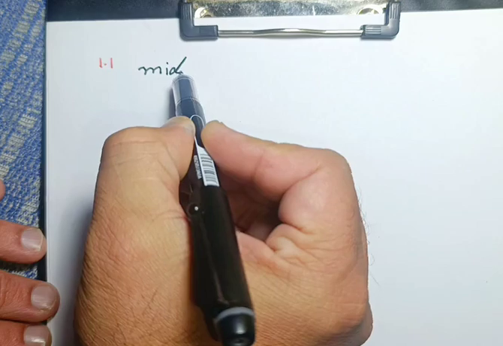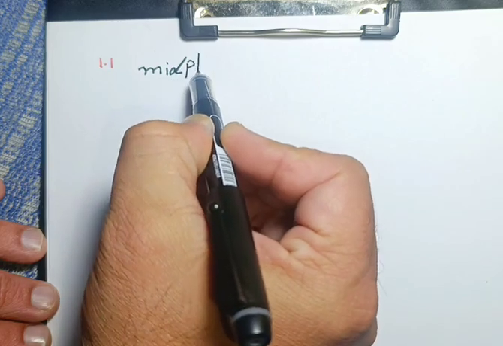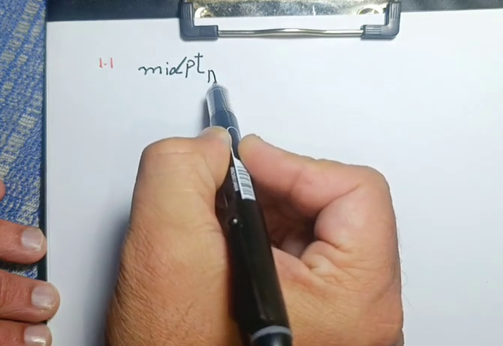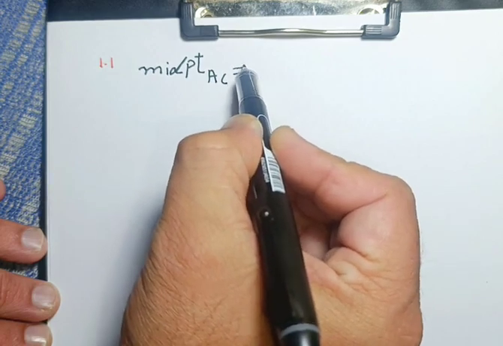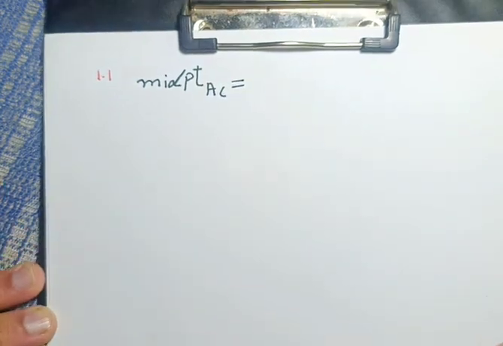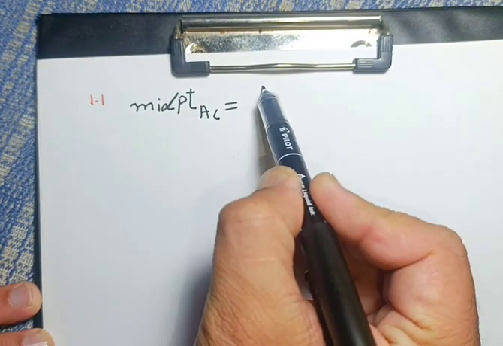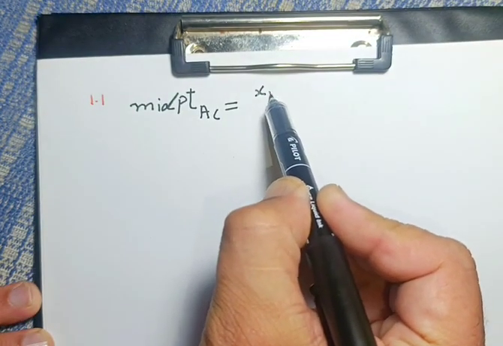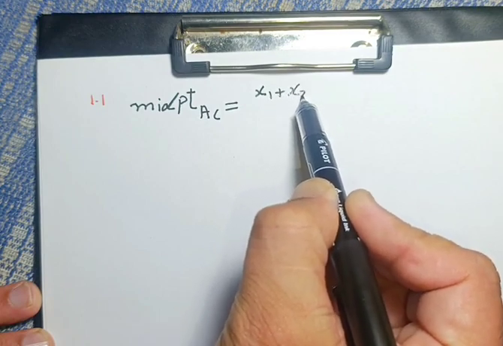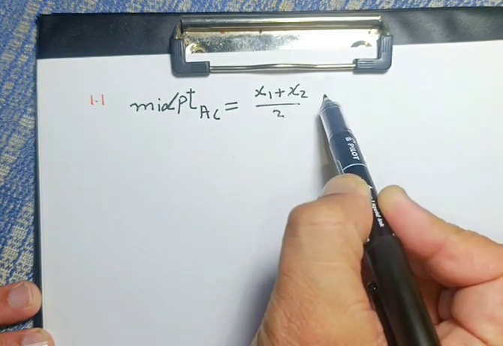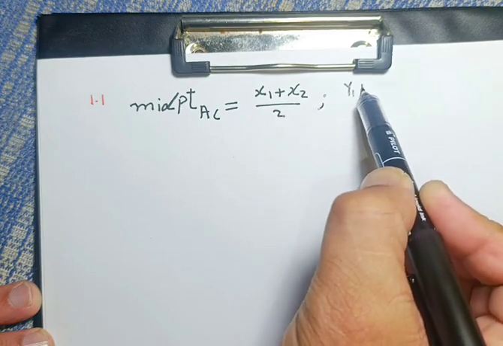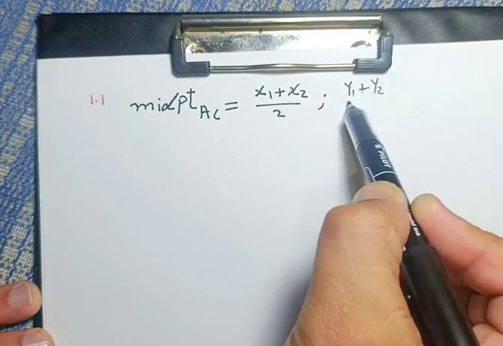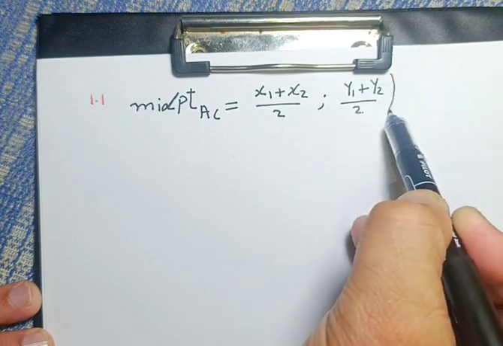The midpoint of AC, and the formula is x1 plus x2 over 2 and y1 plus y2 over 2.